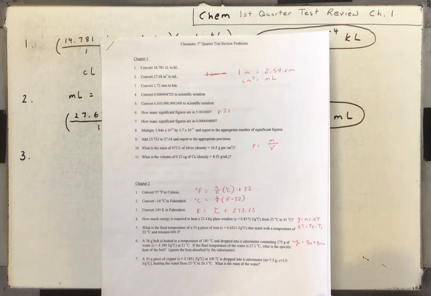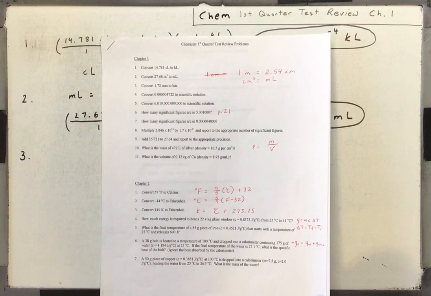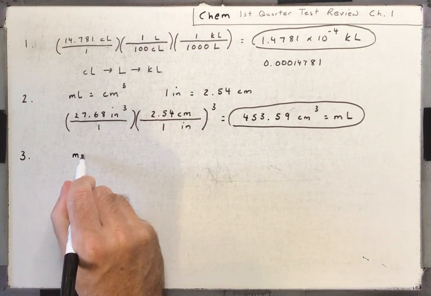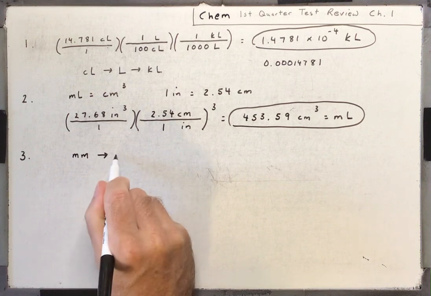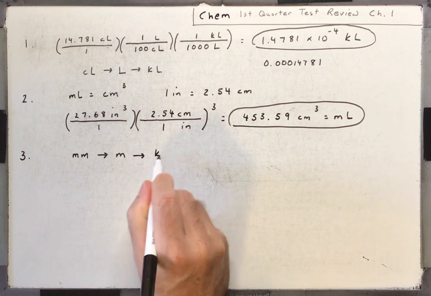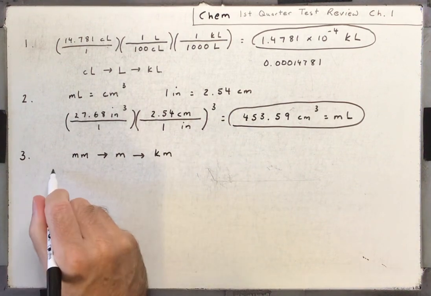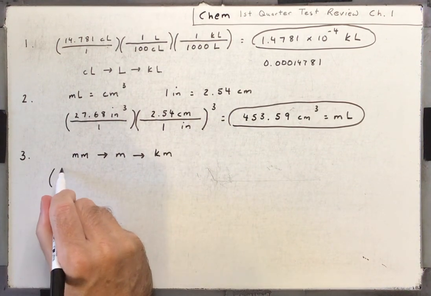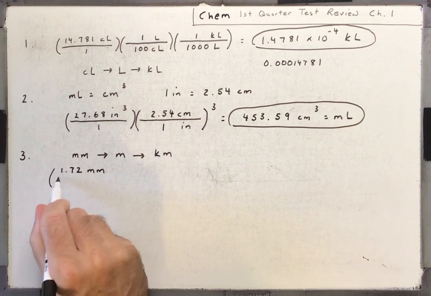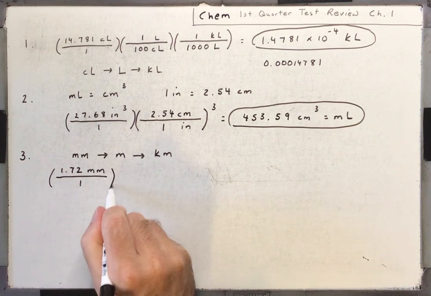All right, and then our next one is convert 1.72 millimeters to kilometers. Well, we're going from millimeters. We've got to go across the base unit meters and then to kilometers. So we've got 1.72 millimeters. Put that over 1.